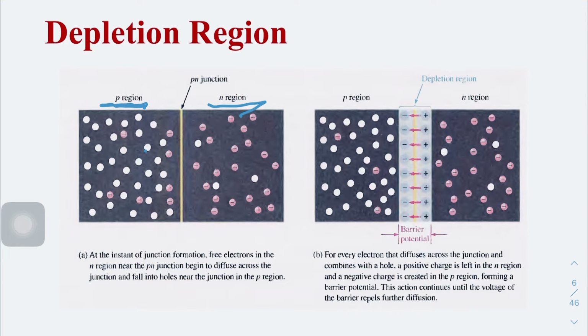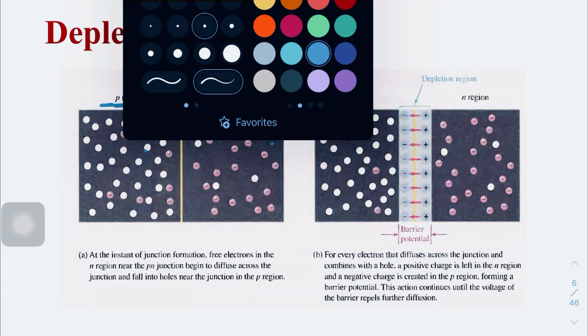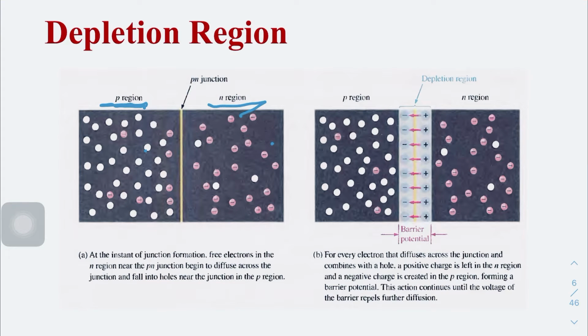Then, by diffusion, because the concentration of electrons in the n side is large and the concentration of holes in the p side is large, electrons from the n side go to the p side by the diffusion process. Because of the gradient in concentration, the concentration of electrons here is larger than in the p side, therefore electrons go to the p side by diffusion.